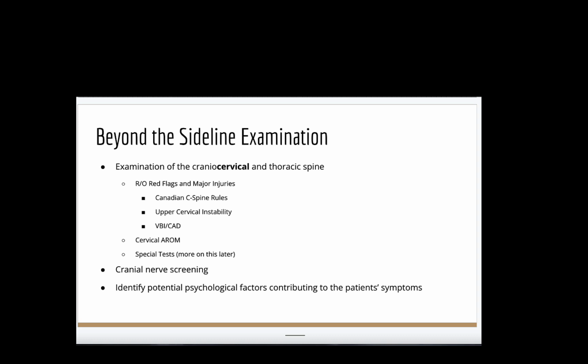Be sure to rule out cervical arterial dysfunction or VBI. Those are really important things to make sure that you're ruling out before you do any further testing with this person. Even probably before you do cervical active range of motion, I'm probably going to rule out upper cervical instability and VBI right away. Okay.